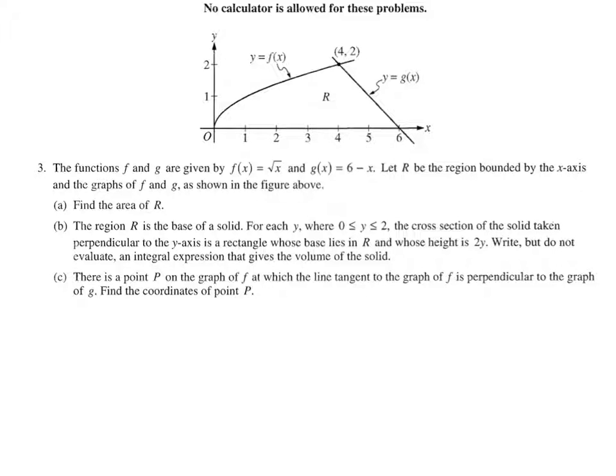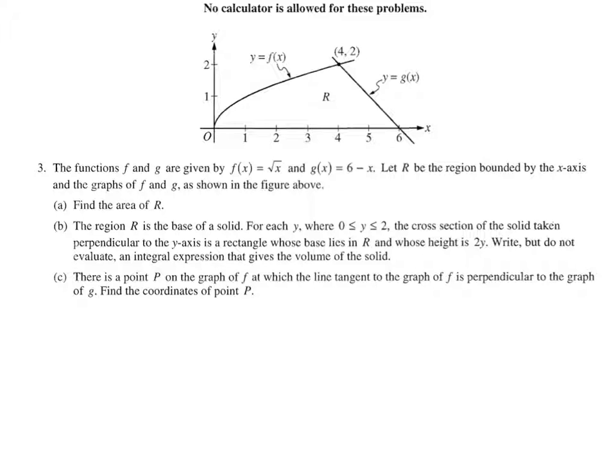And then part C, there's a point P on the graph of f at which the tangent line to the graph of f is perpendicular to the graph of G. Find the coordinates of point P. Well, remember, in this case, the slope for G is -1. So perpendicular lines have slopes that are opposite reciprocals.